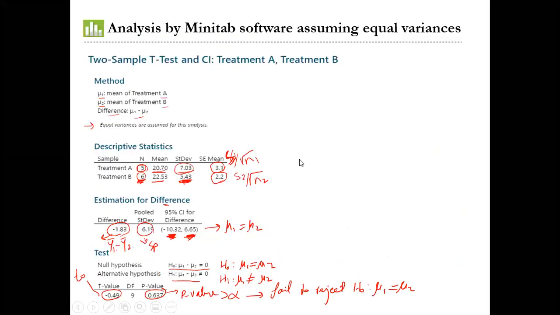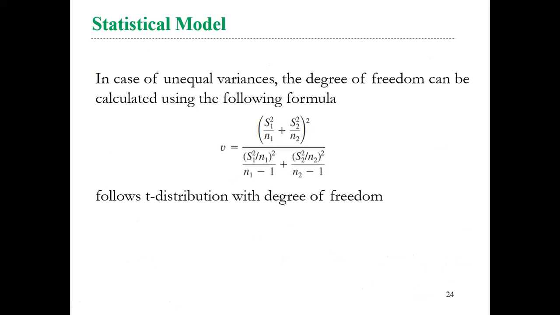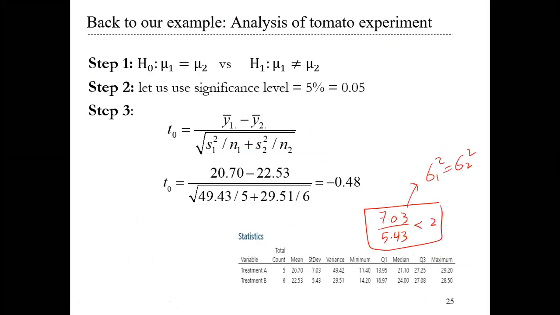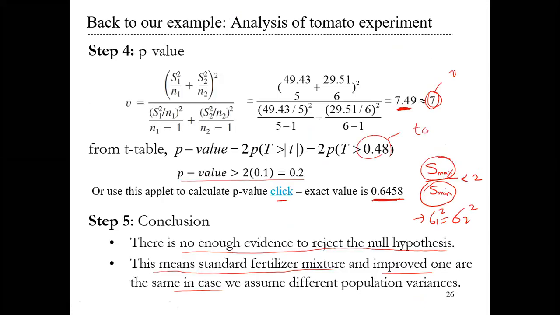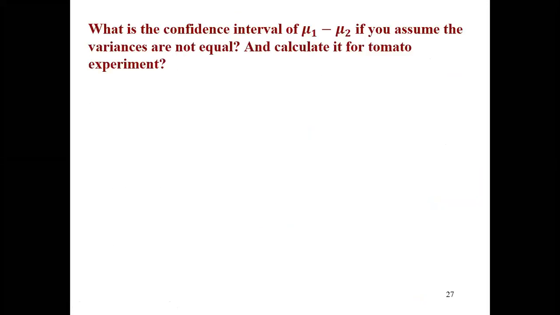So let me write down the formula for the confidence interval of the difference between two means in case that we assumed unequal variances.